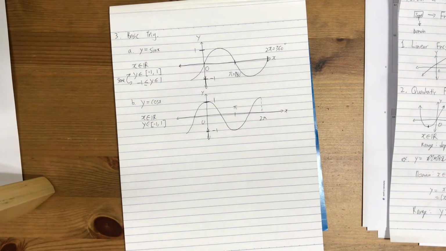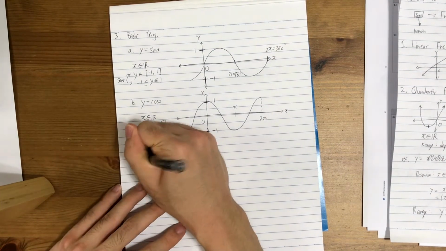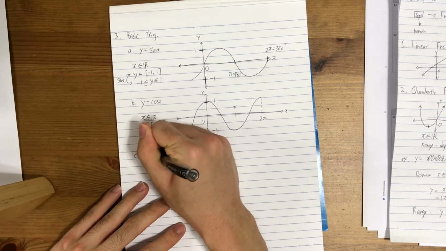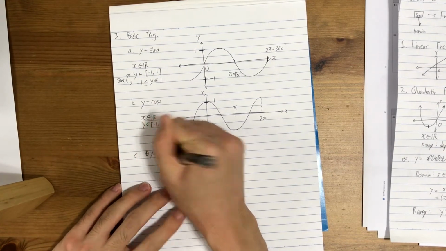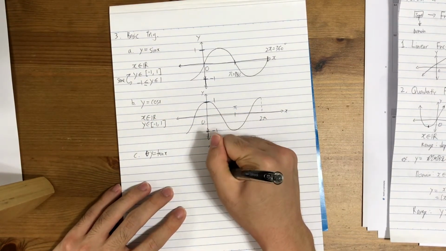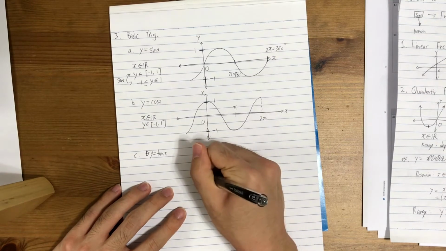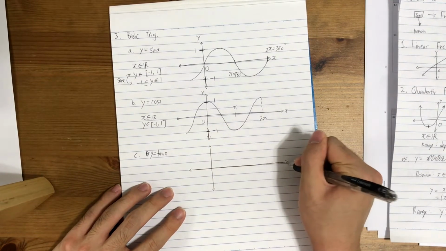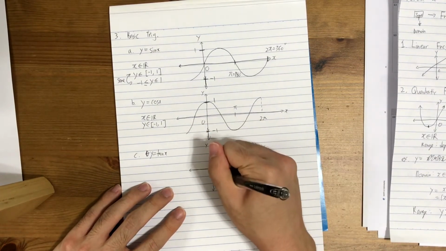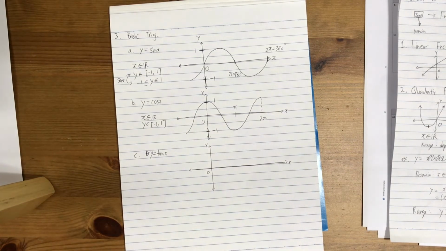Then the next one is tangent. If you recall the very basic trigonometric identity, tangent equals sine over cosine, right?